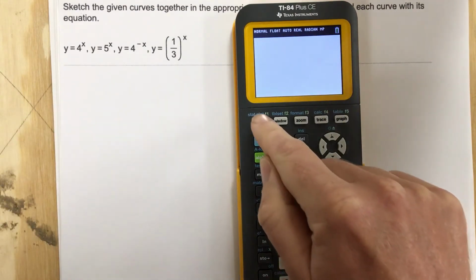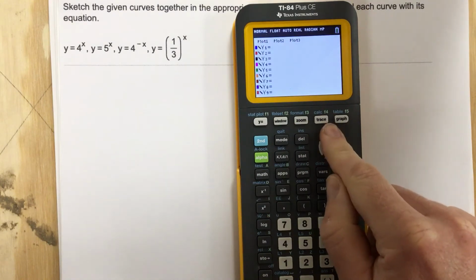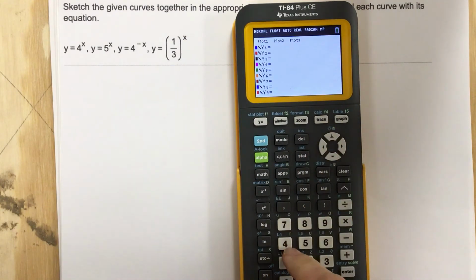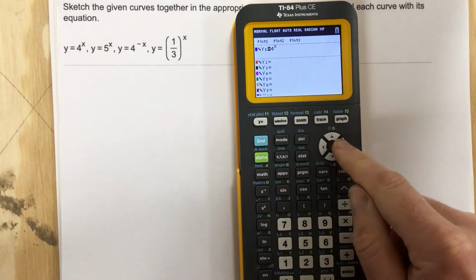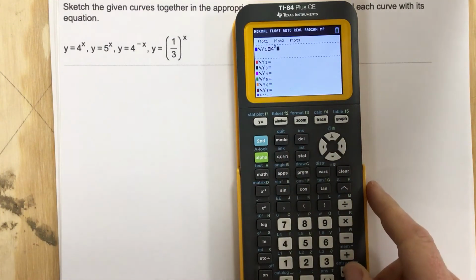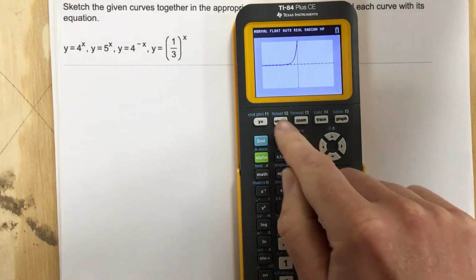So start by saying y equals, and just make sure you clear out your equations that you already have in there, and we're going to say 4 to the x power. And then I'm going to graph that. Then I have to check my viewing window here.